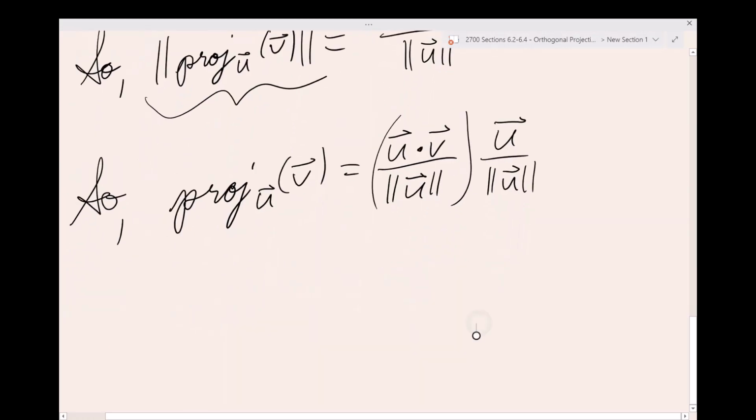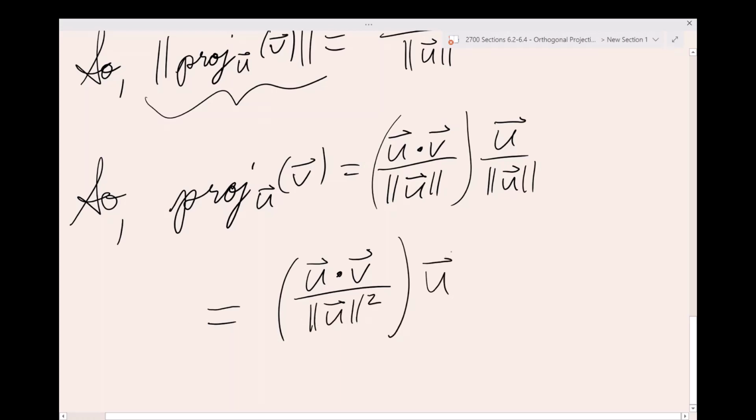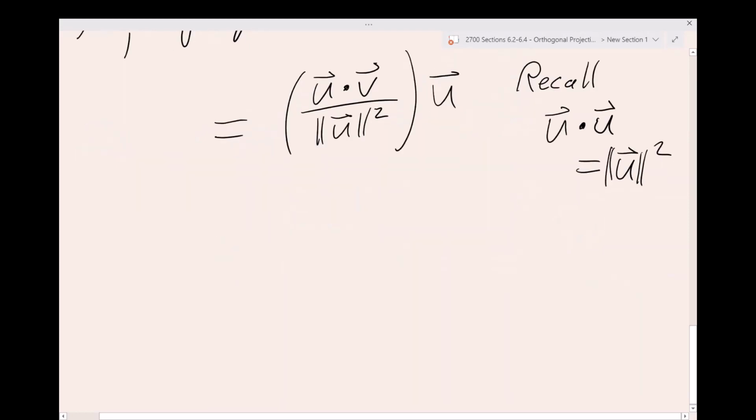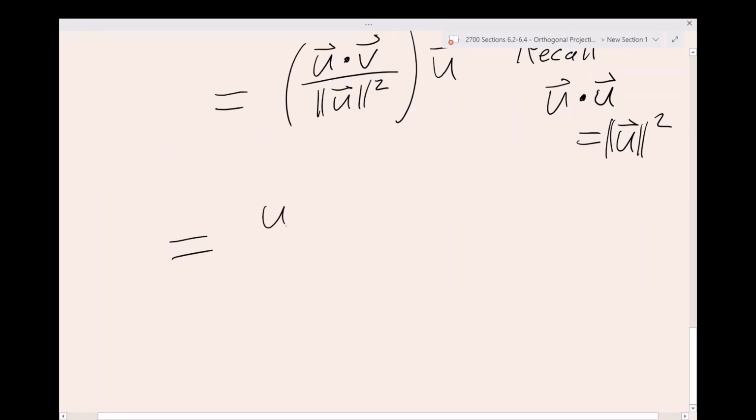But of course, this gives me a little bit nicer formula because I've got u dot v, whatever number that is, and then I've got magnitude of u squared that I'm scaling u with now, not the normalized u. I just took this number, moved it in there, and wrote it as squared. And now the one bit that we can do, a vector dot itself is its magnitude squared, in case you forgot that. So that gives me my formula.